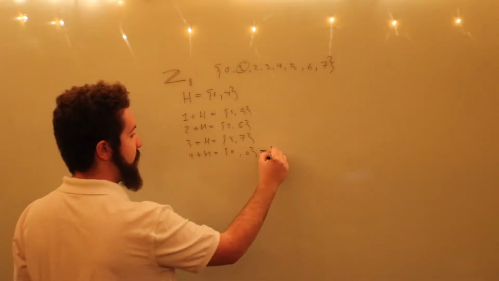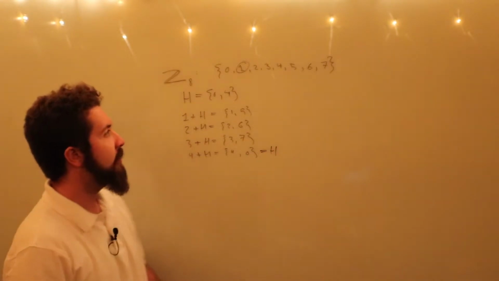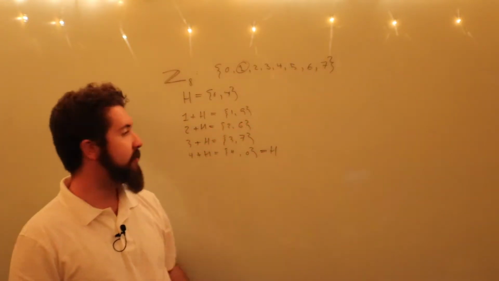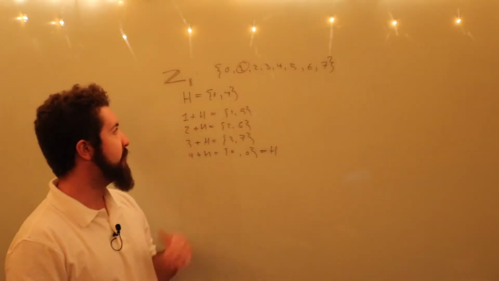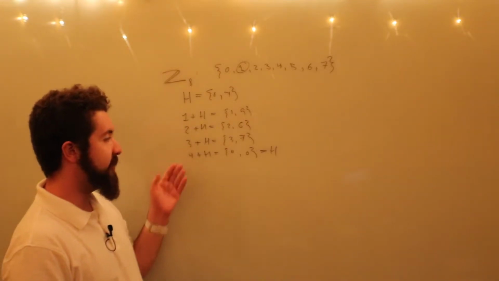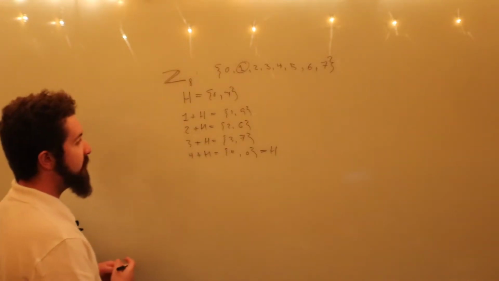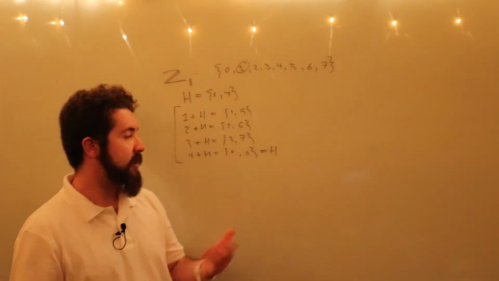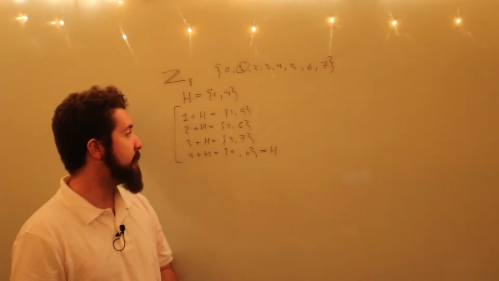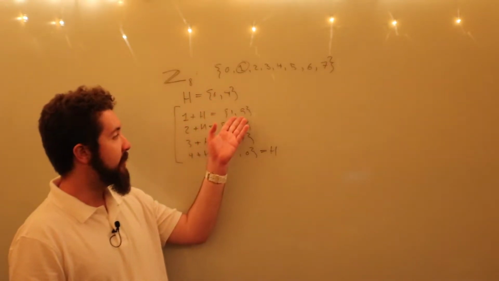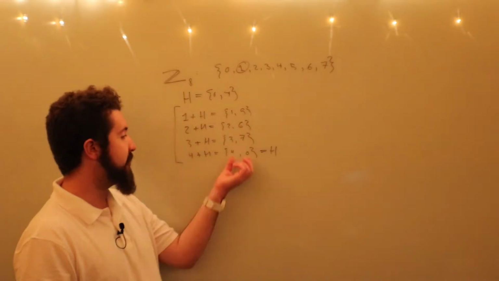So that this is equal to H. And if you continue this, doing 5, 6, and 7, and of course 0, which 0 plus the subgroup is going to be the subgroup, you're only going to get these 4 again. So that we have 4 different left cosets of H in the group Z8, namely the subgroup itself, this one, and this one, right? This is the subgroup.